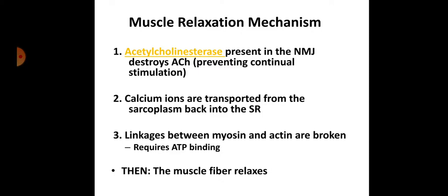Then, calcium ions are transported from the sarcoplasm back into the sarcoplasmic reticulum, SR. Third, linkages between myosin and actin are broken. Fourth, the muscle fiber relaxes. So, this was the muscle relaxation mechanism.